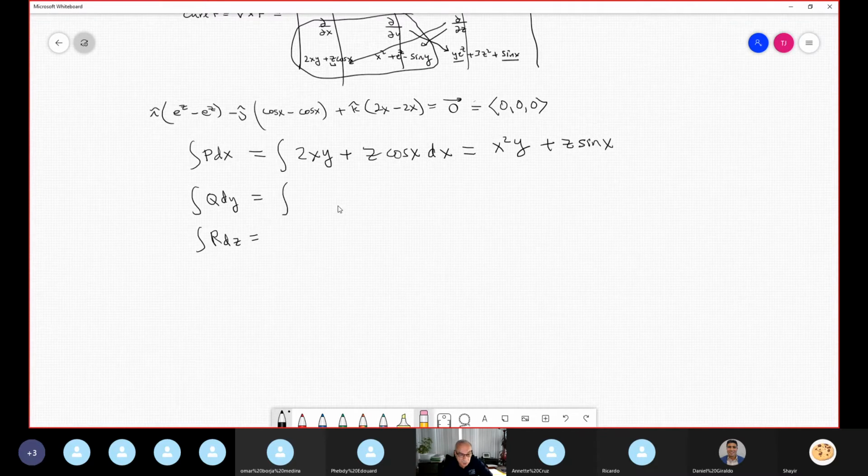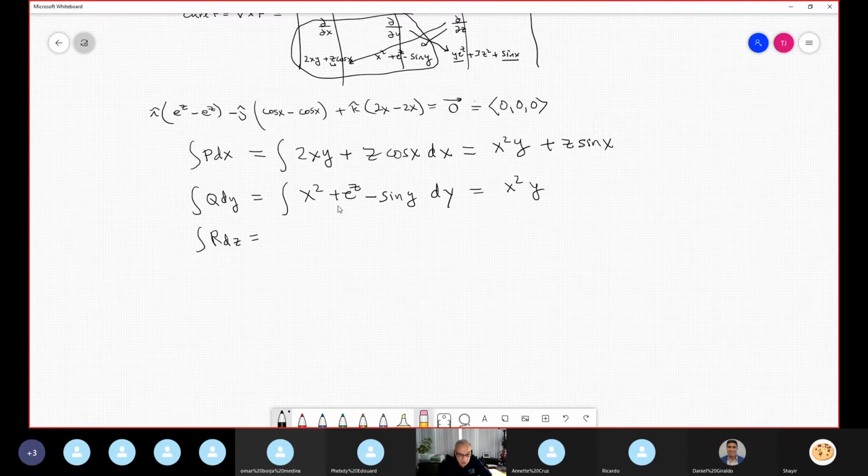Okay, antiderivative of q. Who is q? Q is x squared plus e to the z minus sine y, with respect to y in that case. So x squared y, again because this is a constant.